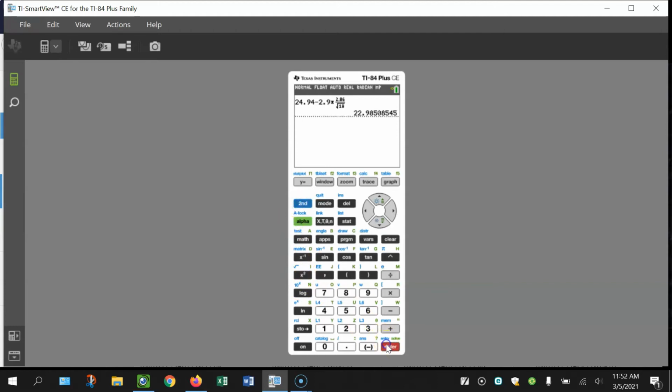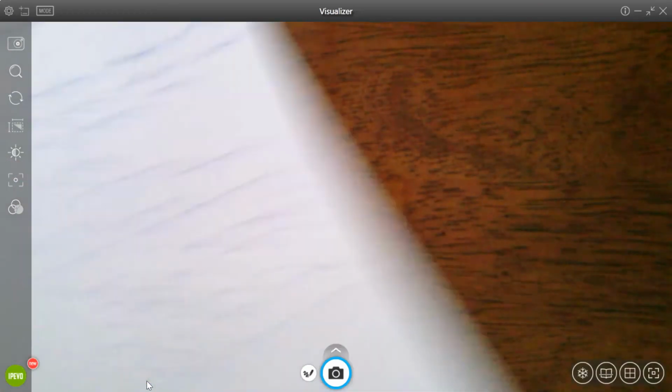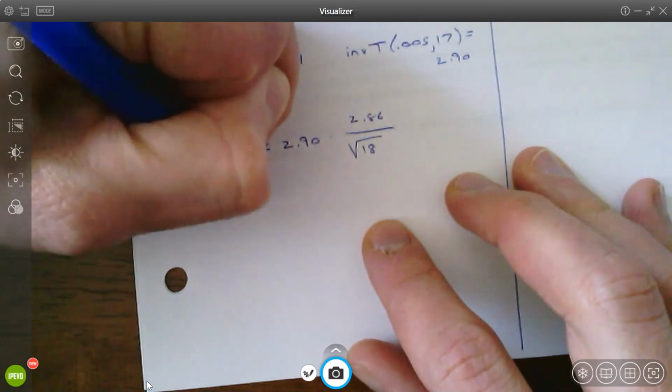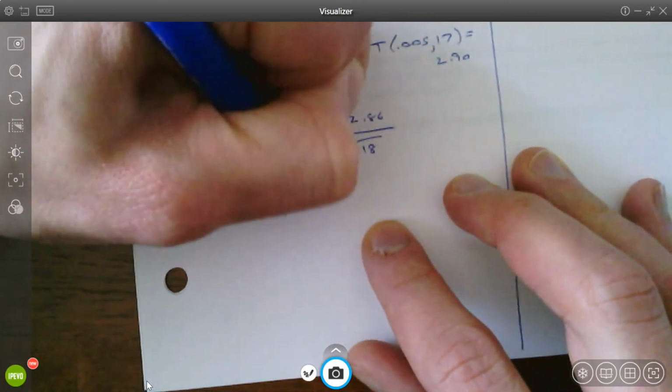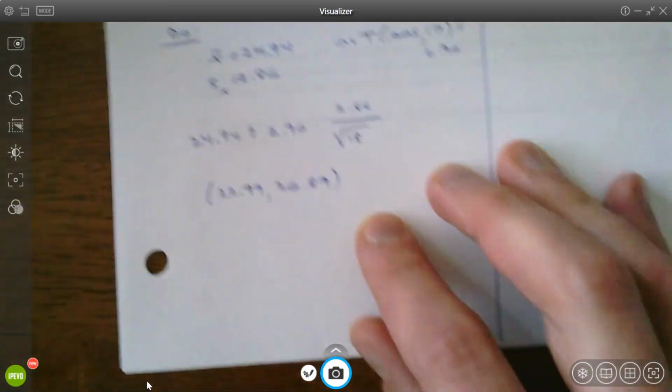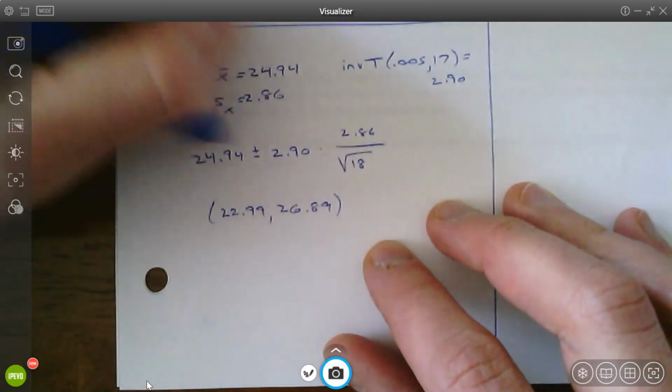That's going to be the lower bound. And if I scroll over to get to that upper bound. All right, so we're looking at 22.99 to 26.89 is our confidence interval. Right in the middle of that is our point estimate.